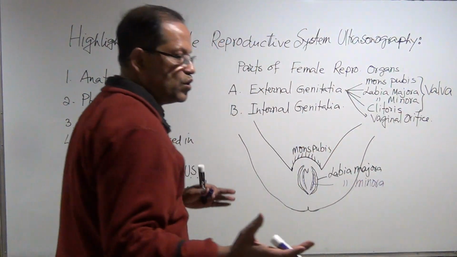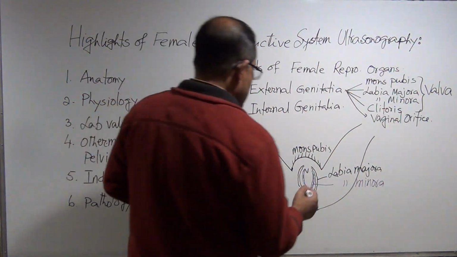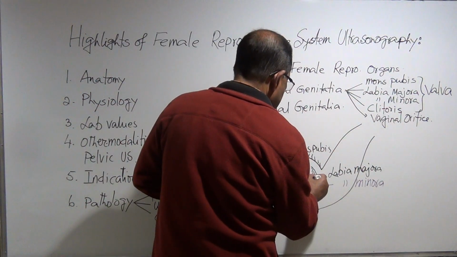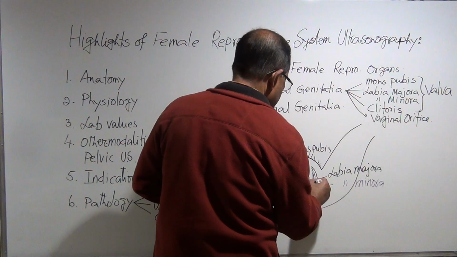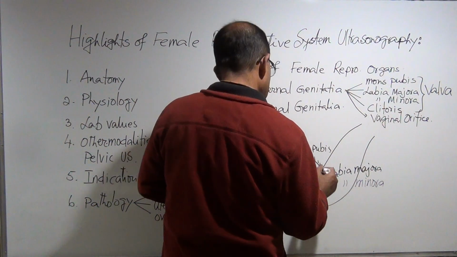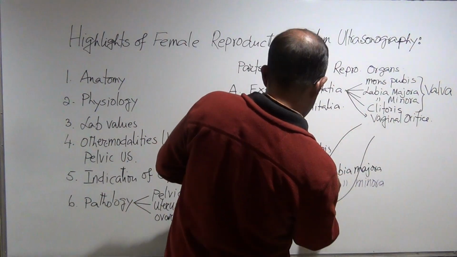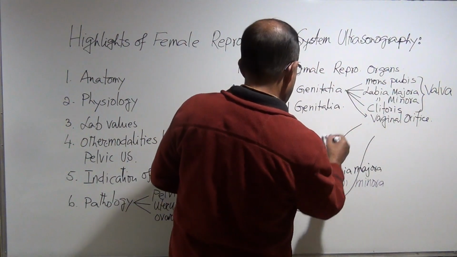Minora means the minor, small one. Then you will see the opening of the urethra, and the opening of the vagina. And this is the clitoris.